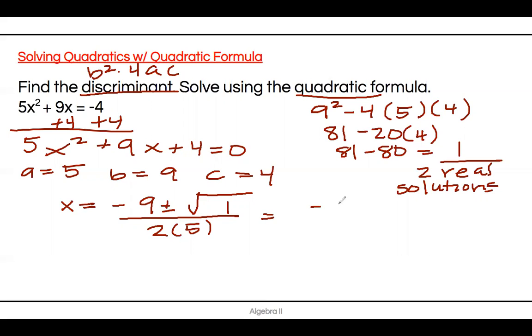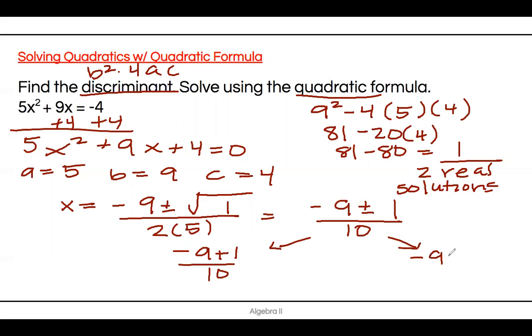So then we have negative 9 plus or minus the square root of 1, which is just 1, over 2 times 5, which is 10. So we take that and we break it up into 2 equations. Our first equation is negative 9 plus 1 over 10. And our second equation is negative 9 minus 1 over 10.